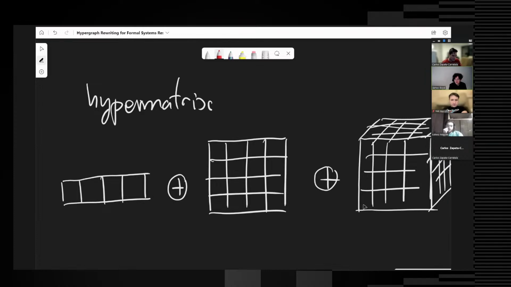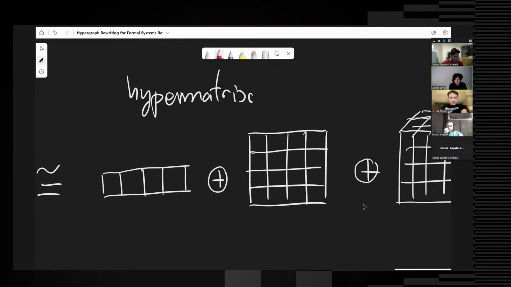In graph theory, you always have this duality between the graph and the adjacency matrix. In hypergraphs, you have the hypergraph and the adjacency hypermatrix, and now you have a grading by order. This first component corresponds to the hyperedges of order 1, meaning involving only one vertex.